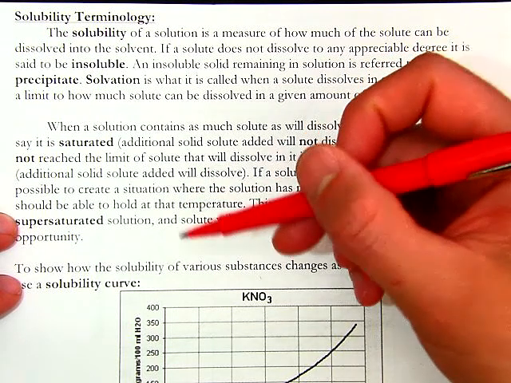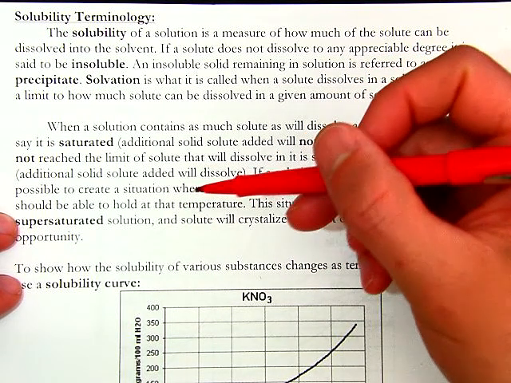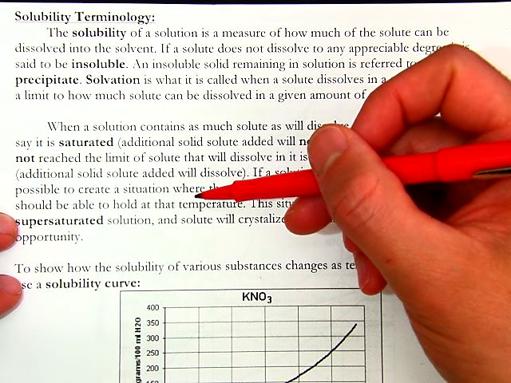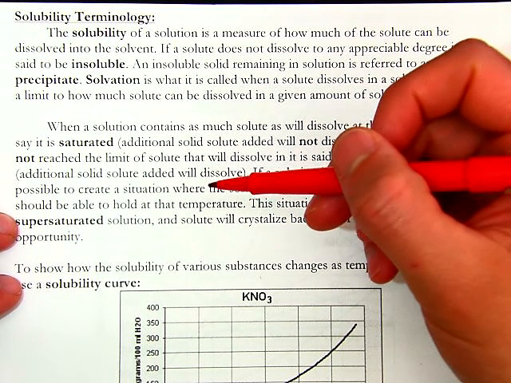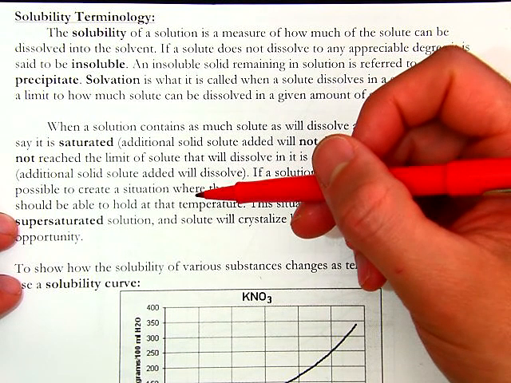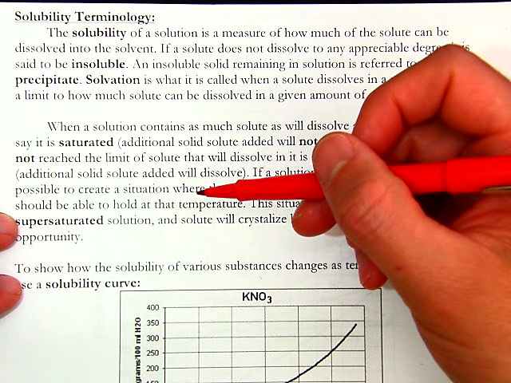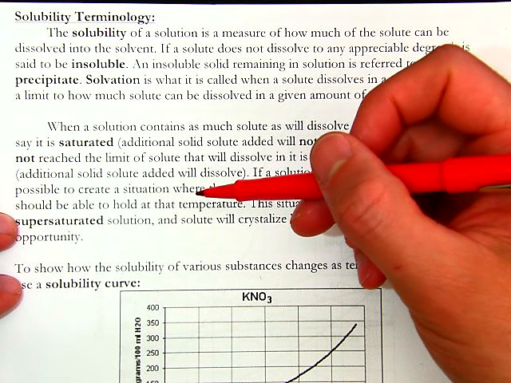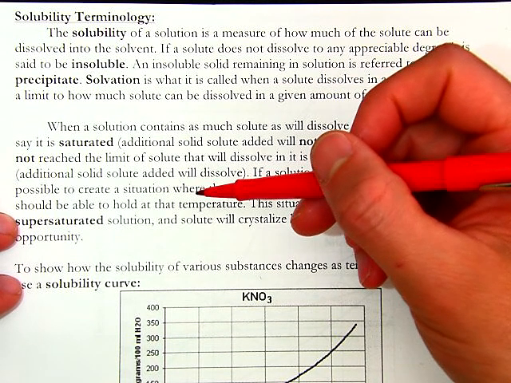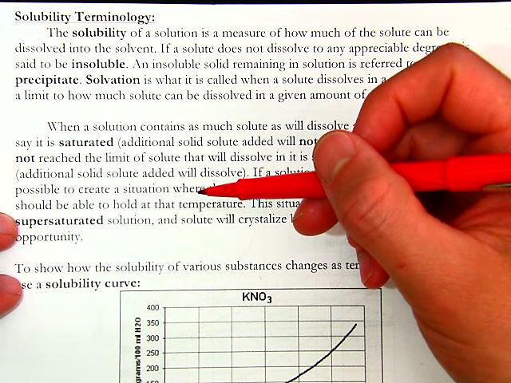You continue to add salt until at some point you add the salt, stir it around, and it won't dissolve any more. The crystals will just settle to the bottom. If that's the case, you have made a saturated solution, meaning that amount of solution at that temperature has dissolved as much solute as it can.